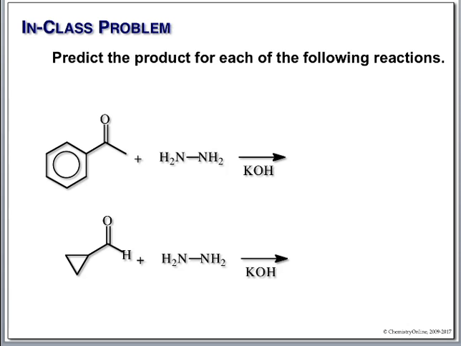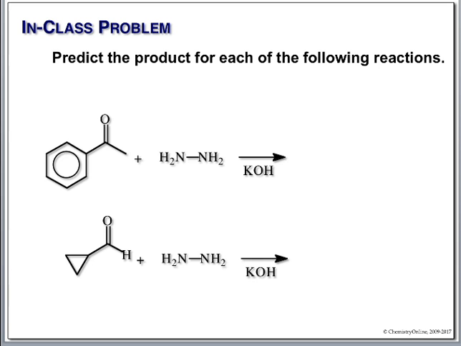All right, let's just do a couple. These are examples of a Wolff-Kishner. Go ahead and draw the hydrocarbon products following the Wolff-Kishner reduction. Very simple reaction mechanically.